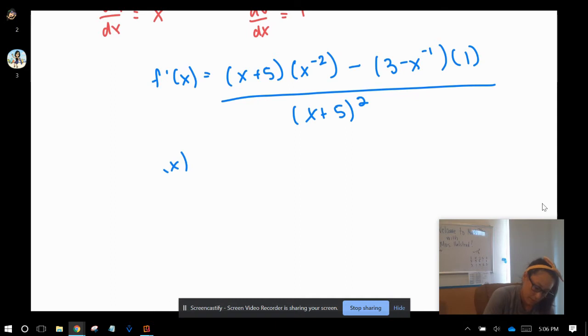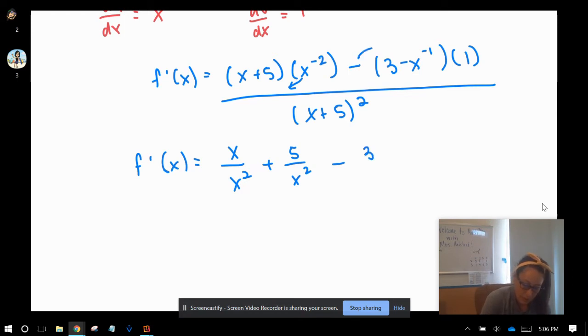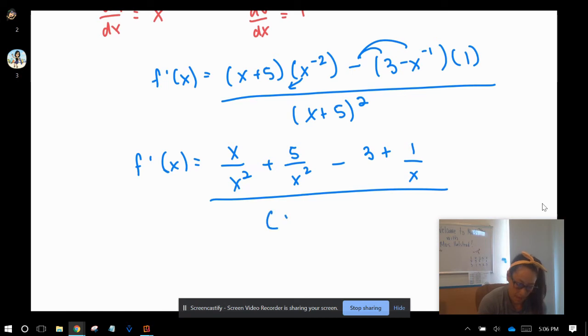So f prime of x, that's crazy looking. Let's try that again. F prime of x is equal to, I'm going to move the x to the negative 2 to the denominator of both terms. So I get x over x squared plus 5 over x squared minus 3 plus 1 over x, all over x plus 5 squared.